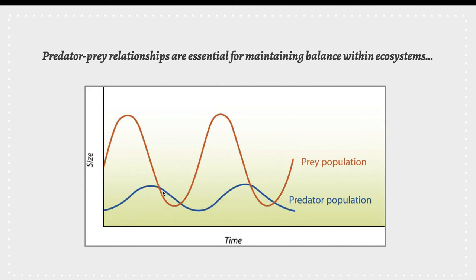When the prey are low, the predators go down because they don't have as much food. With fewer predators, the prey go up and start building their population. With lots of prey around, the predators go up, and then the prey go down.